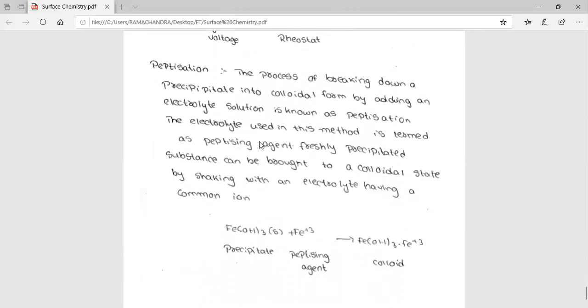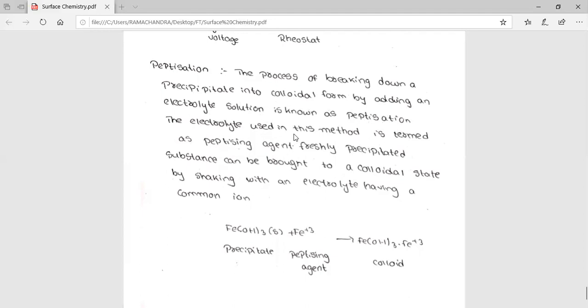Let's see the peptization process. In the peptization process, the breakdown of a precipitate into colloidal form by adding an electrolyte solution is known as peptization.